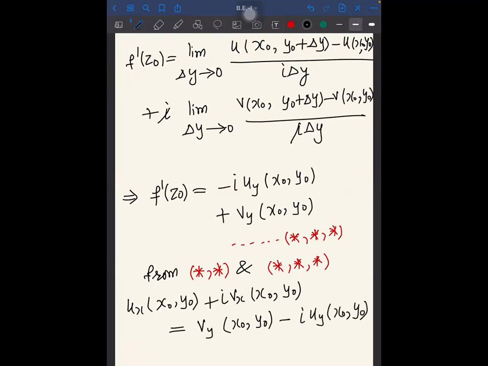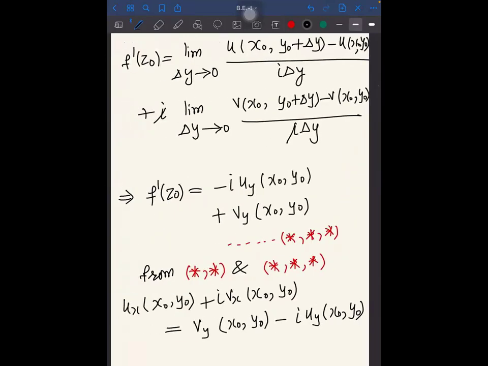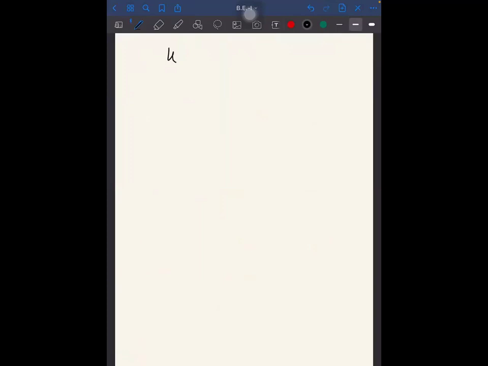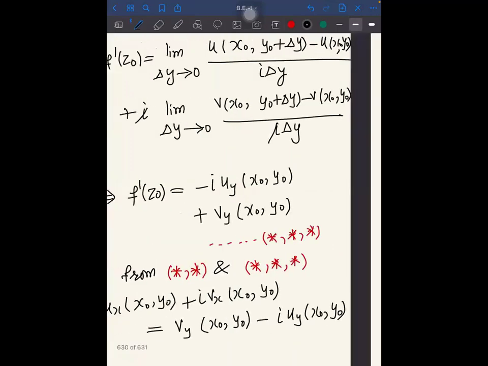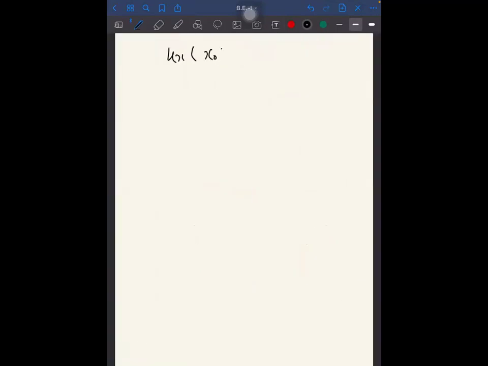So from here, the real part and real part should be equal. So u x at x naught y naught should be equal to, I don't write x naught y naught again and again, you will understand that it means x naught y naught.